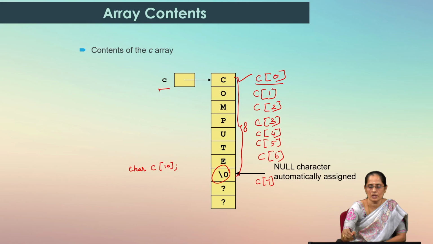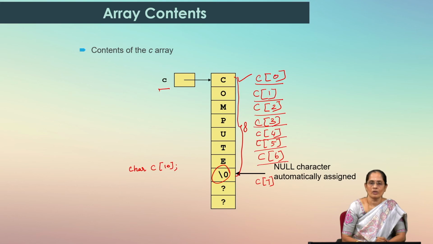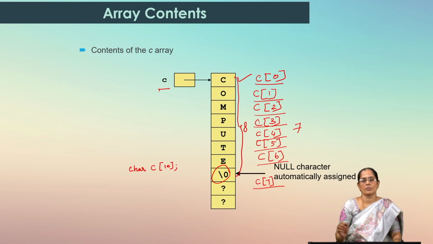So, here we can see that the array locations are stored with the corresponding characters starting from index 0. C of 0, C of 1, C of 2, C of 3, C of 4, 5 and 6. So, 7 locations are used to store the characters, and the last element is a null character, represented using the location C of 7.